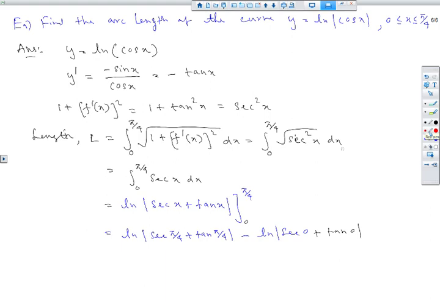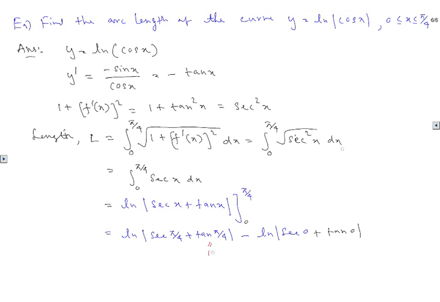The values are: tan pi over 4 is 1, tan 0 is 0, secant 0 is 1 because cosine 0 is 1. And for secant pi over 4, we know the cosine of pi over 4 is 1 over square root 2, so secant is square root 2.